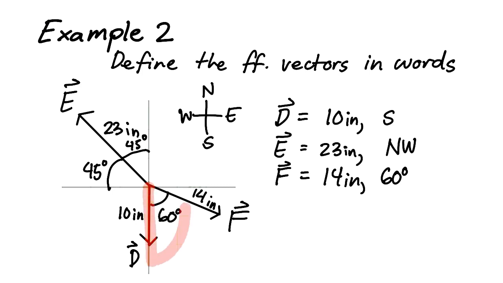So, from south to east, that is east of south. Okay? Reverse lang natin. So, that is 60 degrees east of south. Okay? So, that's how we represent ang ating vectors in terms of words and values. And we can also represent vectors in terms of arrows, where yung direction will be corresponding to where the arrow is pointing, tapos the magnitude will correspond to the length of the arrow.